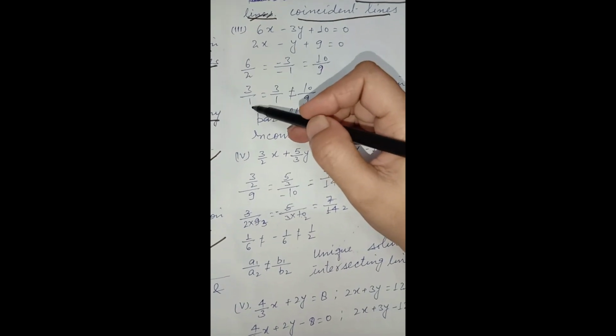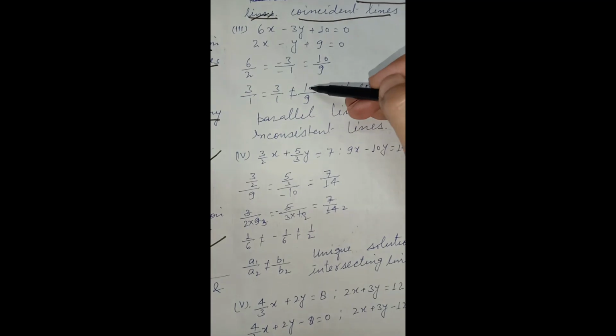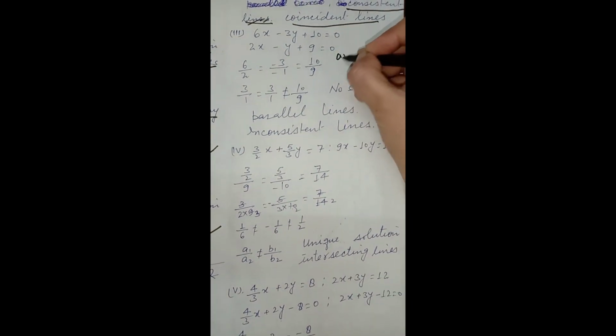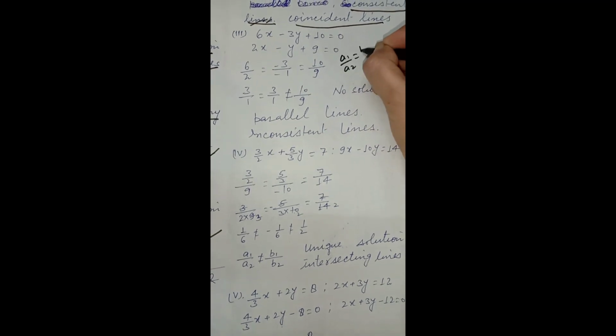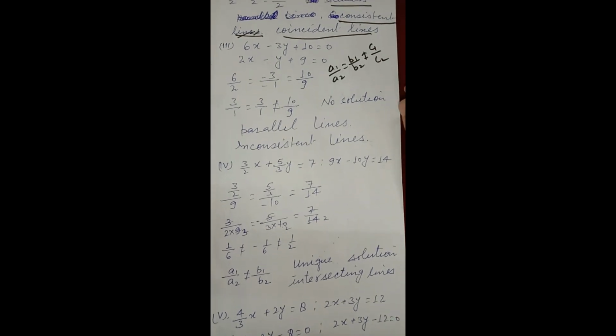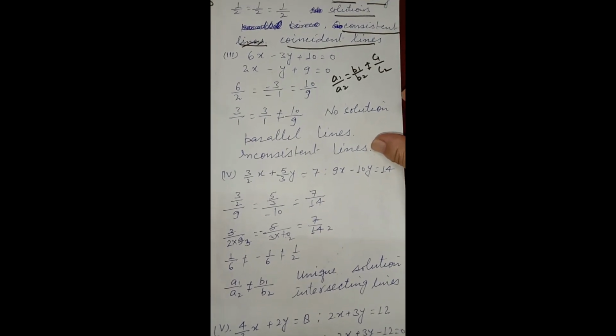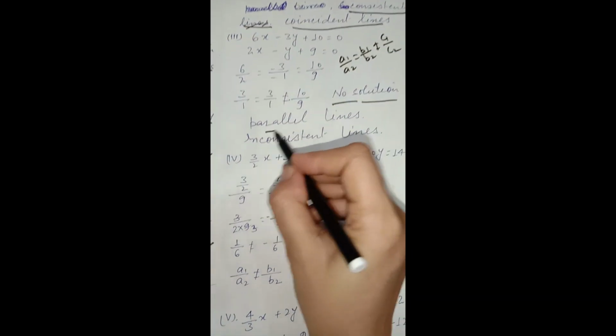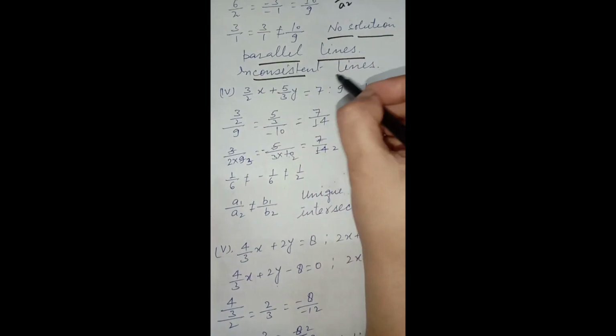First is 3 upon 1, second is again 3 upon 1, and the third is 10 upon 9. So the first and second ratios are equal. A1 upon A2 is equals to B1 upon B2 and not equals to C1 upon C2. So according to the third condition, we will not have any solution. The lines are parallel and the system is inconsistent. Clear?